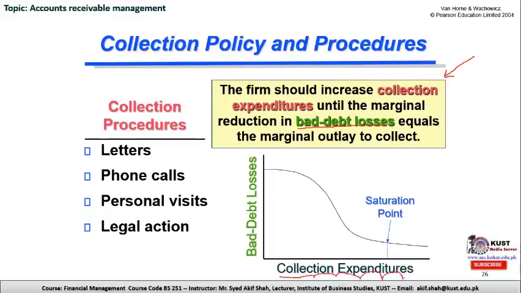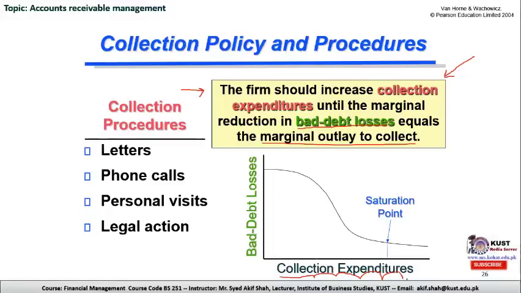This means that the company should increase its collection expenditures until the marginal reduction in bad debt losses is equal to the marginal collection expenditure.